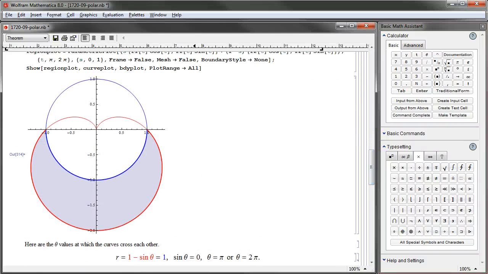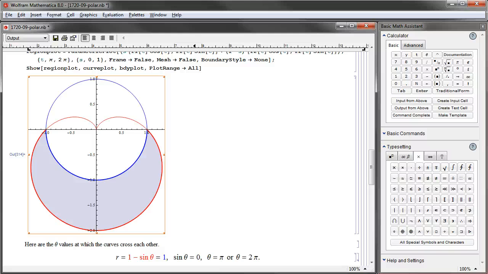What is not so clear is what the starting and ending angles are, which are given by the crossing points. Look at this picture. Clearly, the red and blue curves cross each other at the points (1, 0) and (-1, 0) in rectangular coordinates.